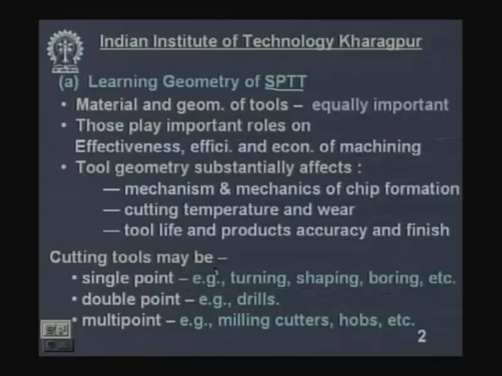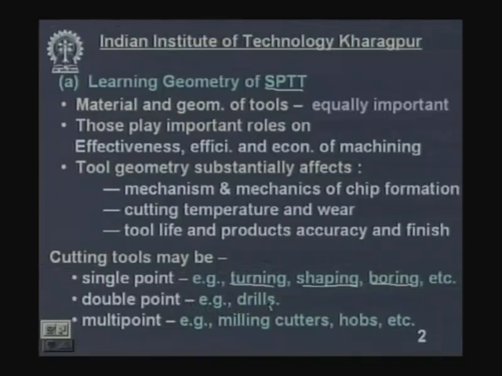Now, the cutting tools may be of three categories. It can be single point, only one cutting point will be there. For example, turning in a lathe, shaping in a shaping machine, planing machine, boring machine, etc. Double point, there are two cutting edges, two primary cutting edges.